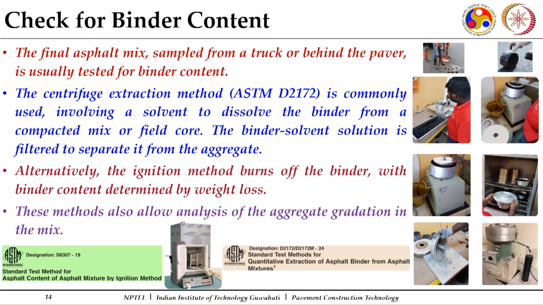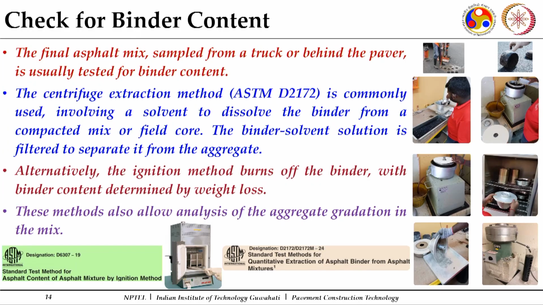Now, the best part is we are able to pick up the mix once it is loaded in the truck. Once that is there, there are specified methods through which we can determine the binder content. One is the centrifuge extraction method, very widely used, where a solvent extracts the binder from that mix. And second is the ignition oven method, where the mix is heated to high temperatures so that the binder is completely burnt.